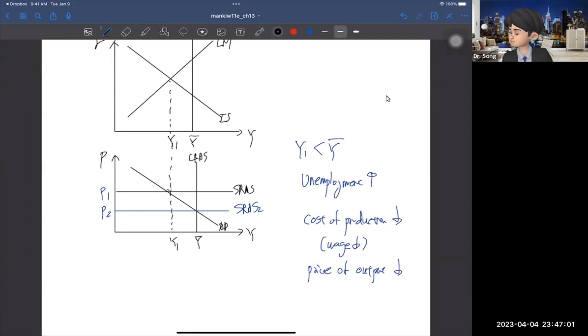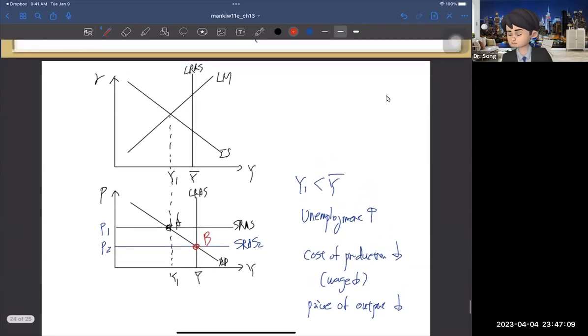So this is the short run equilibrium point A, but over time, we achieve the long run equilibrium point B. Then if the price is decreased, what happens? The LM curve shifts to the right like this. As a result, we have a lower interest rate R2. So what's the point of these models, the IS-LM model and the AD-AS model?